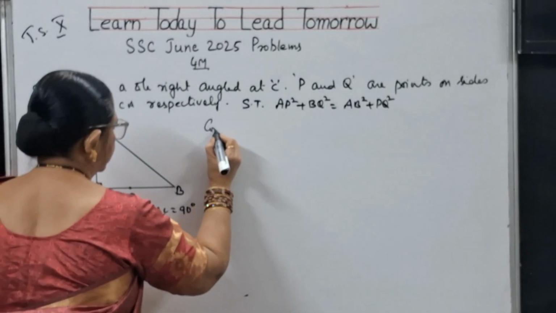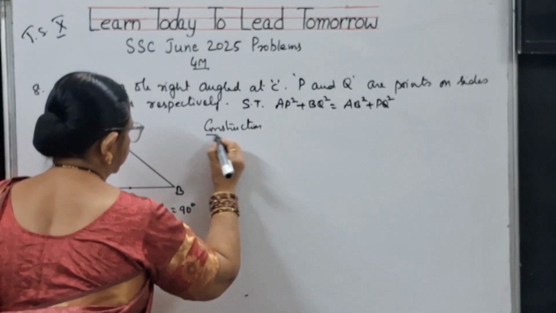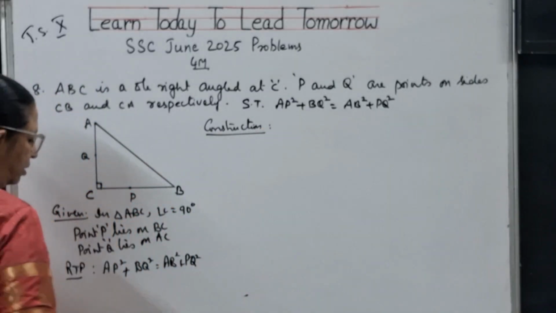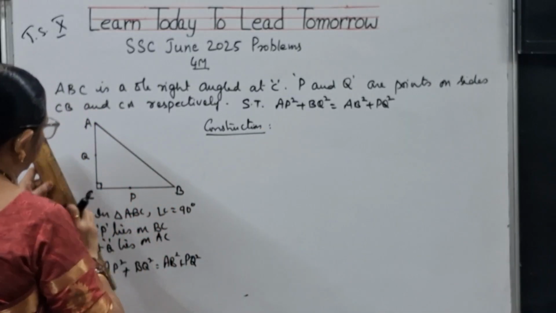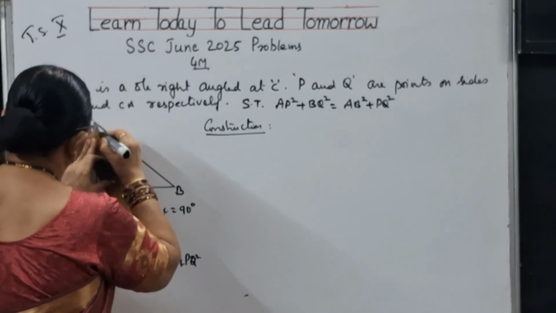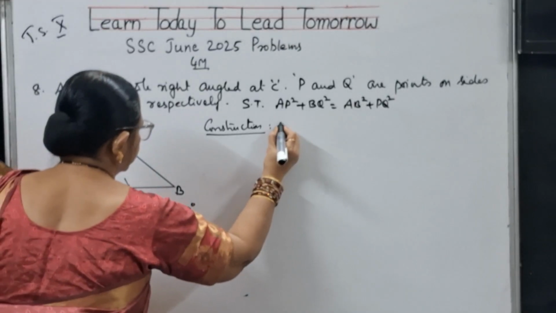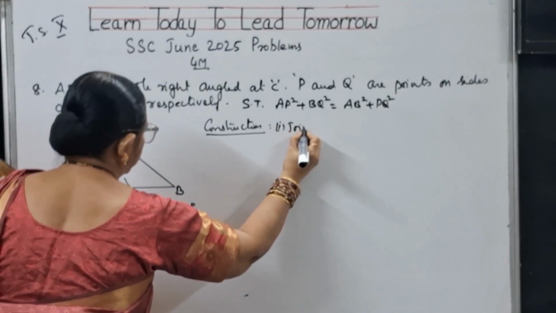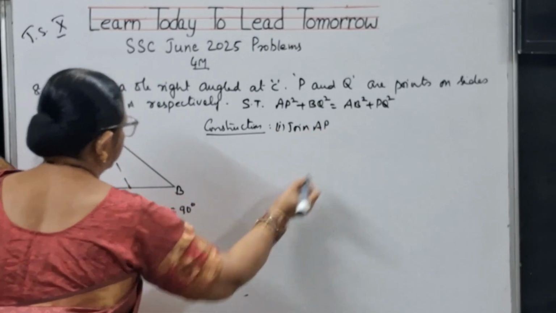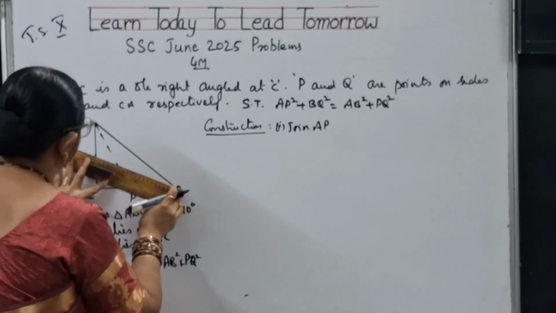Here you have a construction. What is the construction, children? They have asked for AP square, that means you need to join AP. Without joining, you don't get it. So first, join AP. The next one is BQ square, that means you have to join BQ.